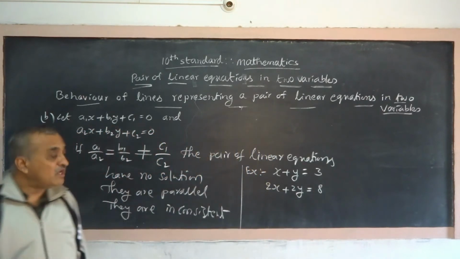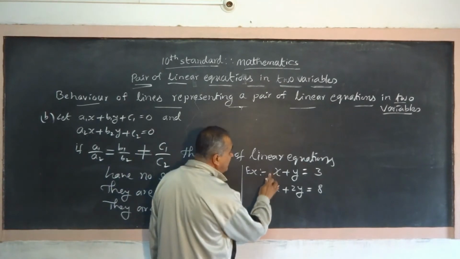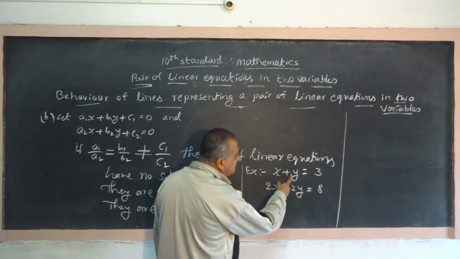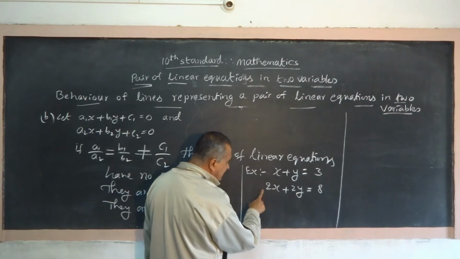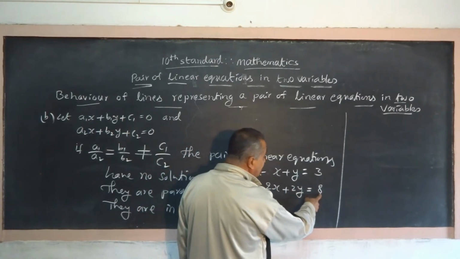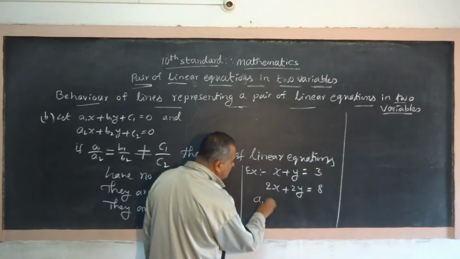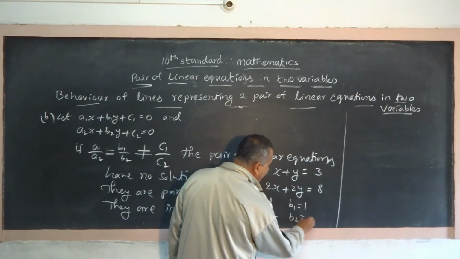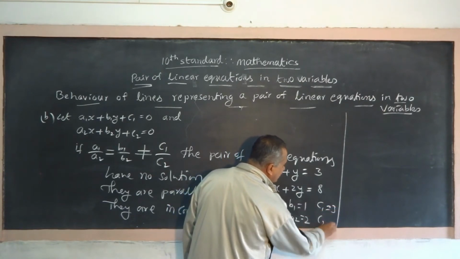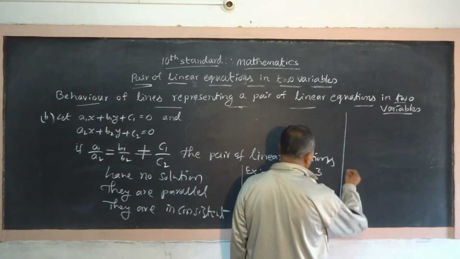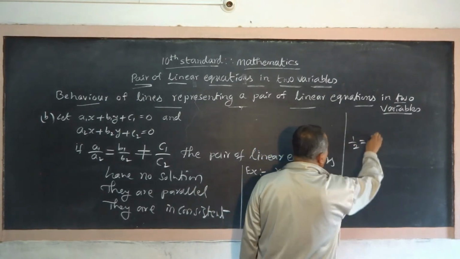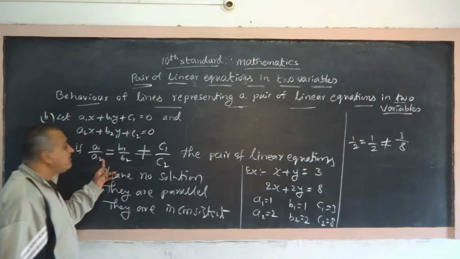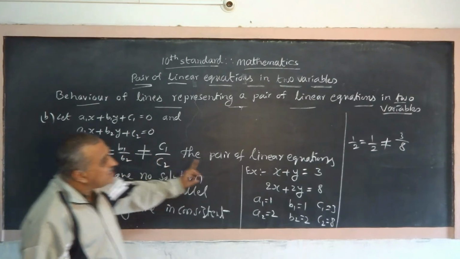Now, compare: this is a1, b1 and c1, and here a2, b2 and c2. a1 equals 1, a2 equals 2, b1 is 1, b2 is 2, c1 is 3, c2 is 8. a1 by a2 is 1 by 2, equal to b1 by b2, 1 by 2, is not equal to c1 by c2, 3 by 8.